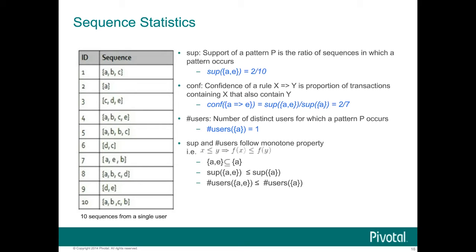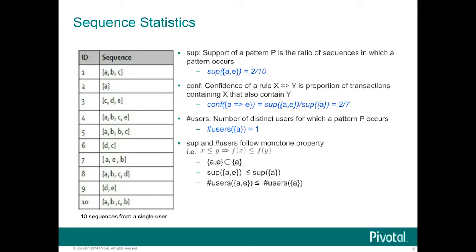The confidence of a rule X implies Y is the proportion of the transactions containing X that also contain Y. So for example, if we want to find the confidence of the rule A implies E, we have to find the sequences that contain both A and E, and also the sequences that contain A, and then divide them.